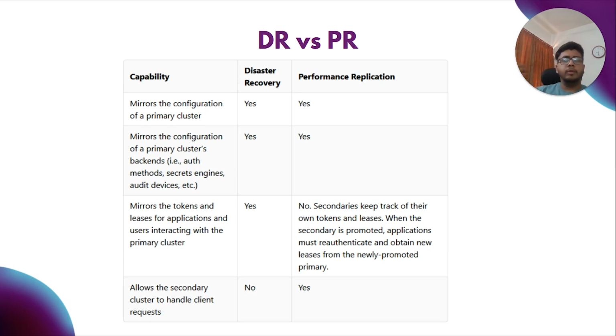Unless it is promoted to primary, it will work as a secondary. It will only give the local secrets stored in it, and not have all the access or root tokens or anything. While in disaster replication, the newly made cluster has all the access, which a primary has, and is similar to a primary cluster.